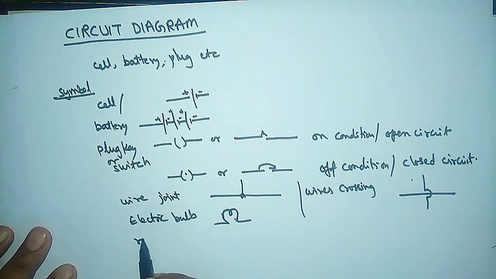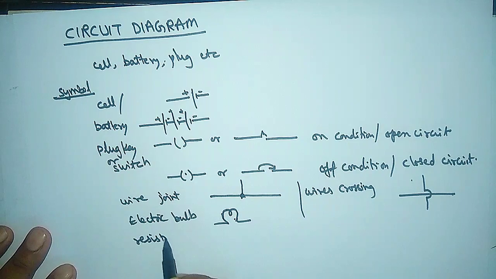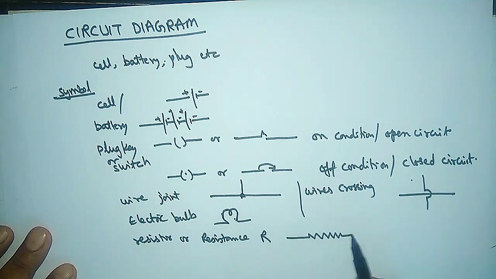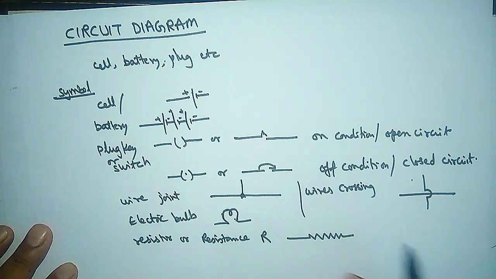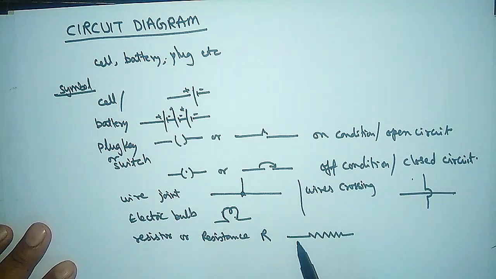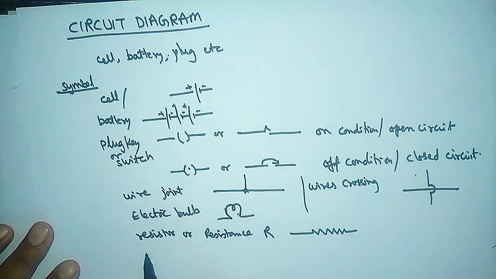Now resistor or resistance, simply you can say resistance R, it is like this, because what is the use of the resistance or resistor? It slows down the current. That is, it is just like the speed breaker of the current. Okay, and how will we show the variable resistor?